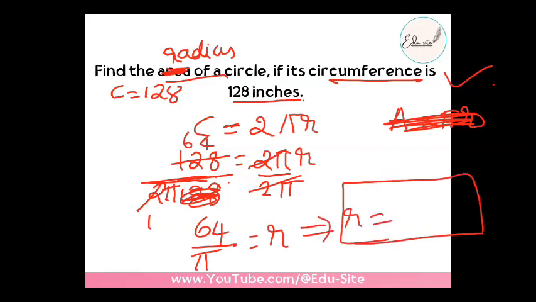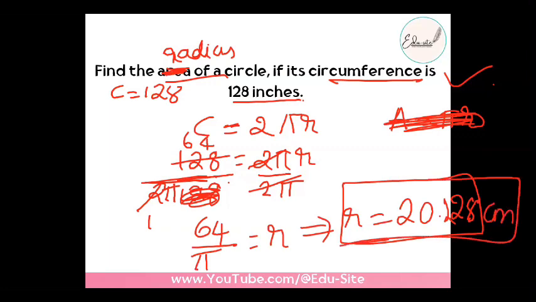That is your answer. 64 over 3.142. 20.38. Is it 220 or just the 20? It's just 20, right? 20.28 or something like that. You're going to write it as just the centimeter. Understood? Yeah, understood. Okay, that's great.